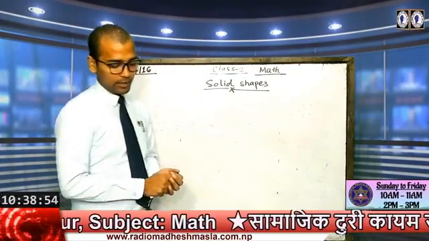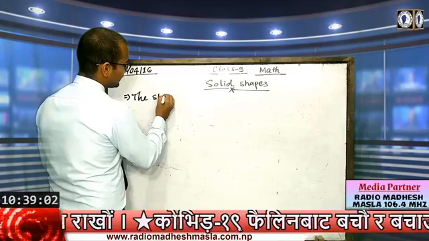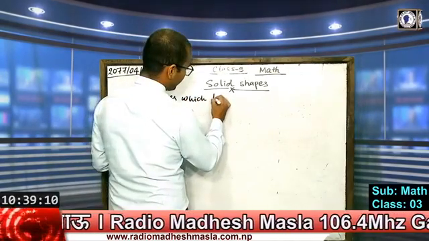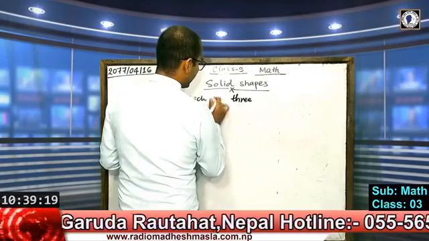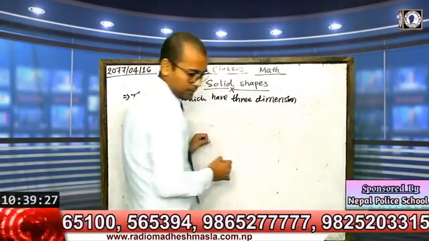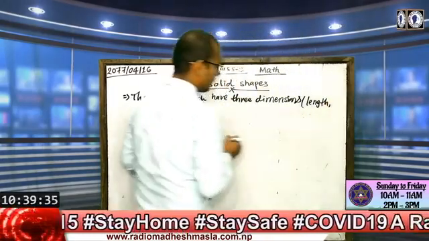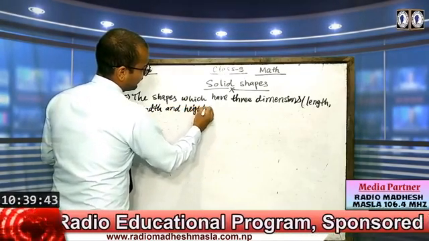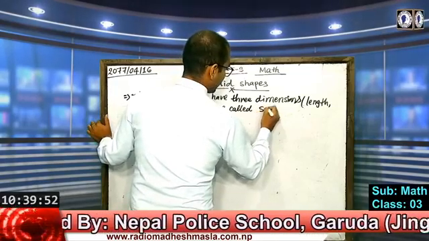So here we can define it like this: the shapes which have 3 dimensions, that is, length, breadth, and height, are called solid shapes.